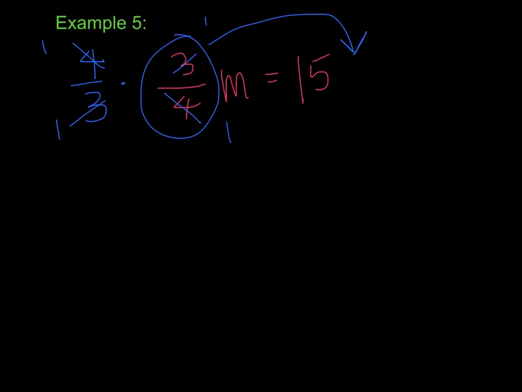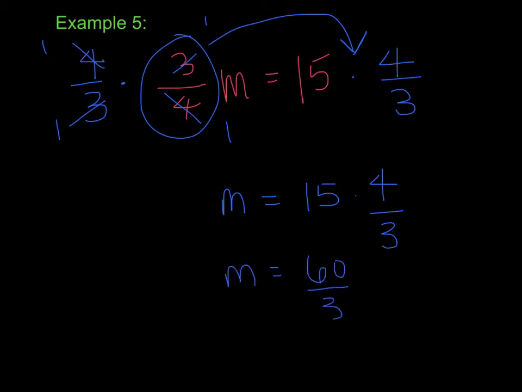So multiply both sides by 4/3, and you're going to get m equals 15 times 4/3, and 15 times 4 is 60, divided by 3 is 20. So m equals 20.